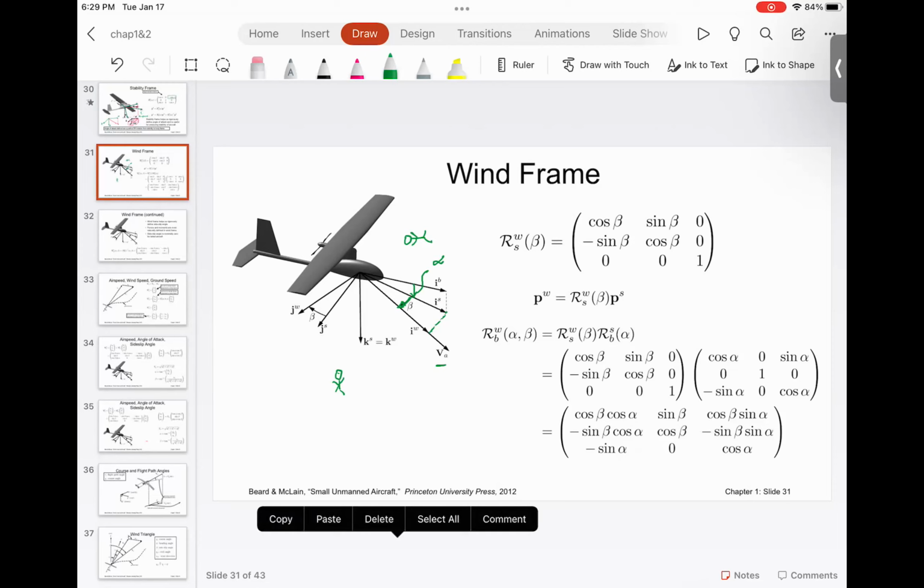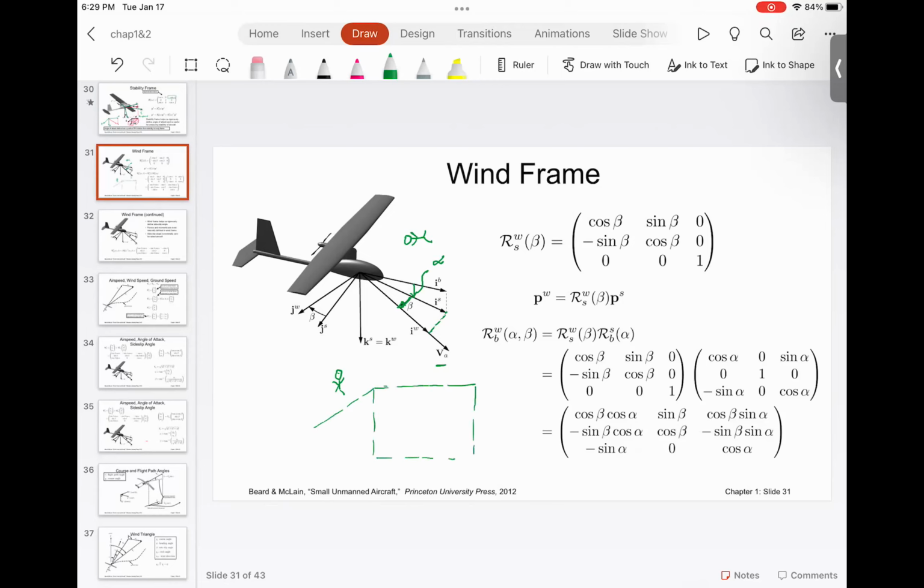With a slightly, hopefully, bigger picture, we are looking at a three-dimensional system. This is the three-dimensional box that we are looking at.